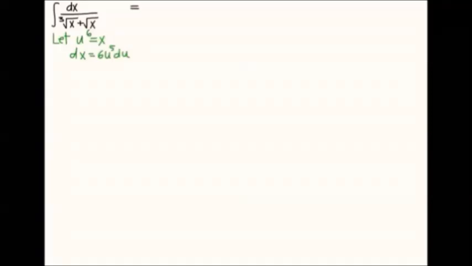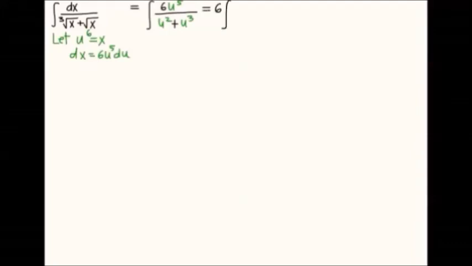We're now going to do an integration using root elimination. We have the integration of dx divided by the cube root of x plus square root of x. Now we're going to set x equal to u to the 6th because 6 is the lowest common denominator between 1/2 and 1/3. Plugging these values into the integration, we'll have the integration of 6u to the 5th du divided by u squared plus u to the 3rd.